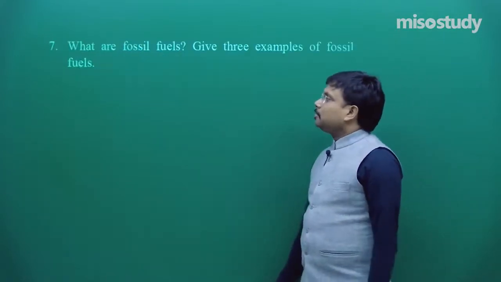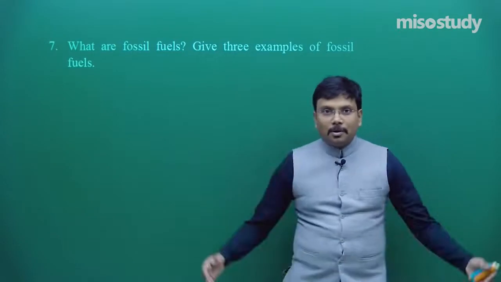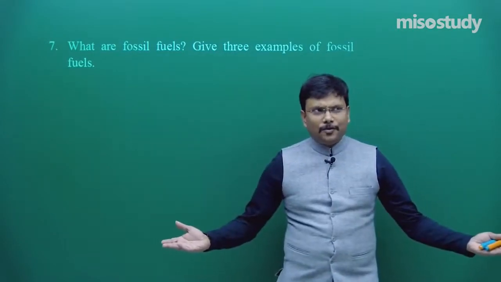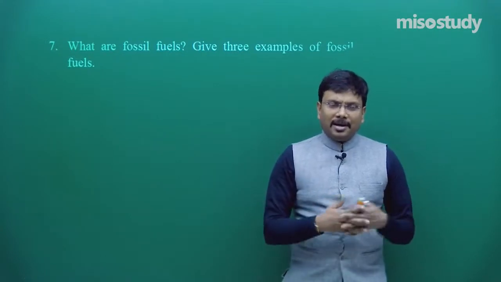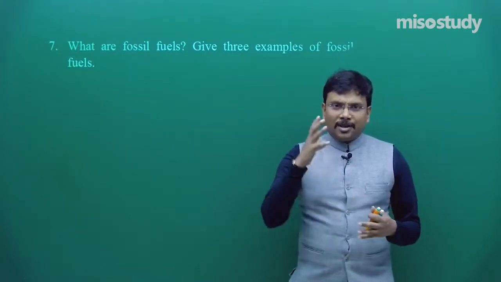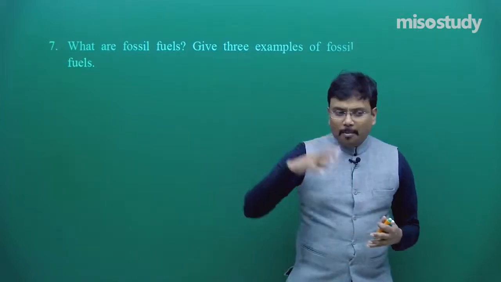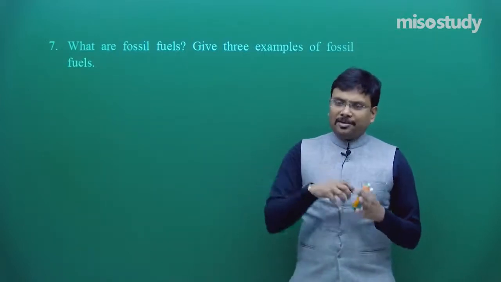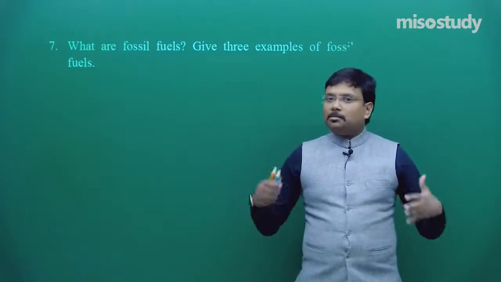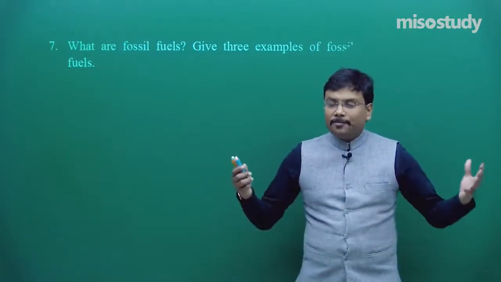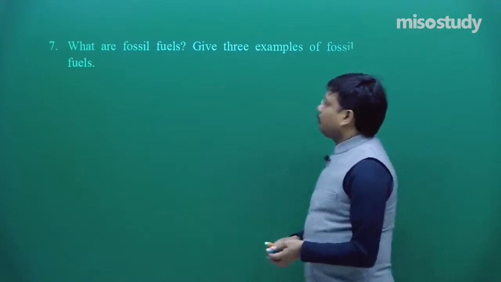Question number 7, what are fossil fuels? Same liberty, fossil fuels, okay, long years back, dead plants, dead animals due to the sunlight and due to the enormous amount of pressure by the earth surface gets converted into type of liquid having lot of something like that. Keep on writing. Give 3 examples of fossil fuels.